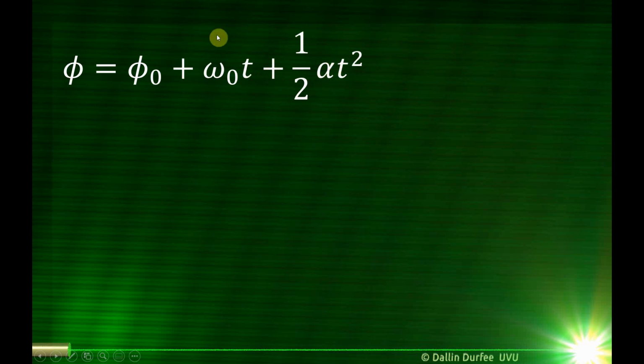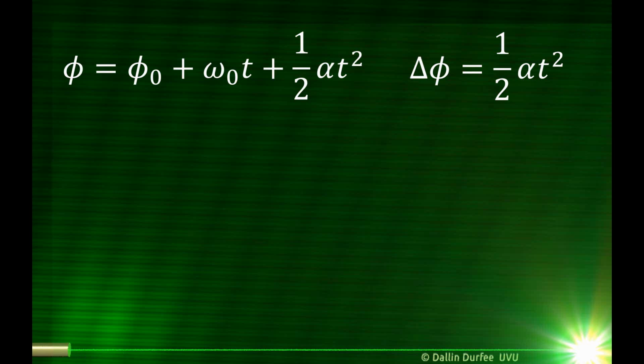In this problem, we're starting off with no angular velocity at time t equals 0. So the change in angle, which we're calling phi because we're already using theta for something else, is just going to be 1/2 angular acceleration times t squared.